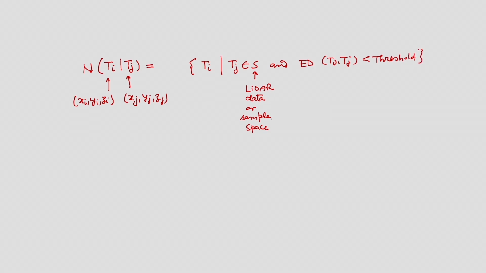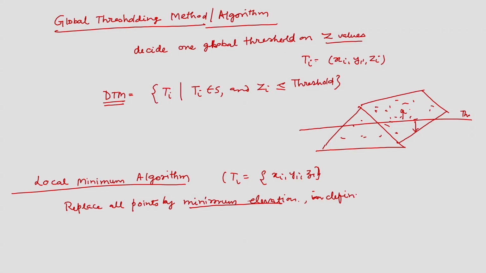This is the way we define it. So, this minimum elevation is defined on a neighborhood, and we already learned how to define a neighborhood.